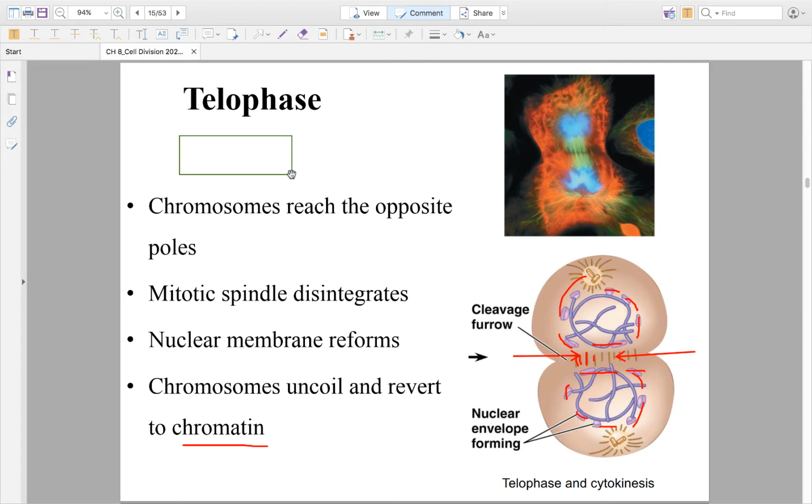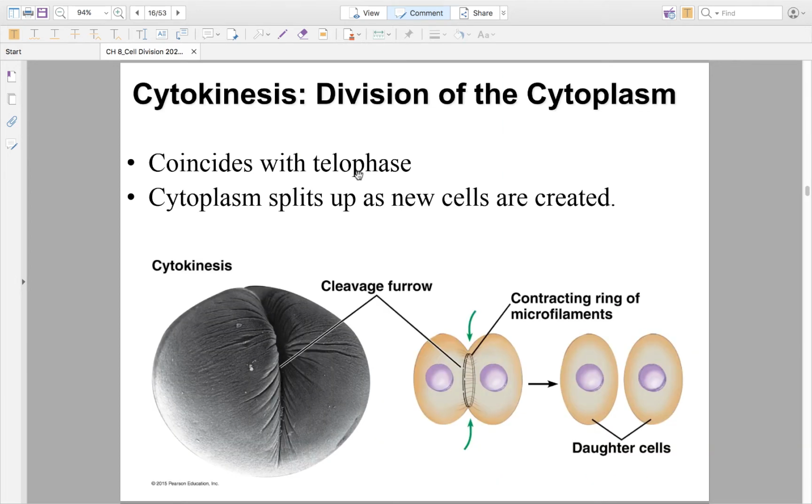Okay, remember PMAT: prophase, metaphase, anaphase, telophase. Now we're going to look at cytokinesis. Cytokinesis technically happens simultaneously with telophase because it happens so fast, but the fact is that the cleavage furrow is going to form, and those contractile rings are going to cut this cell in half.